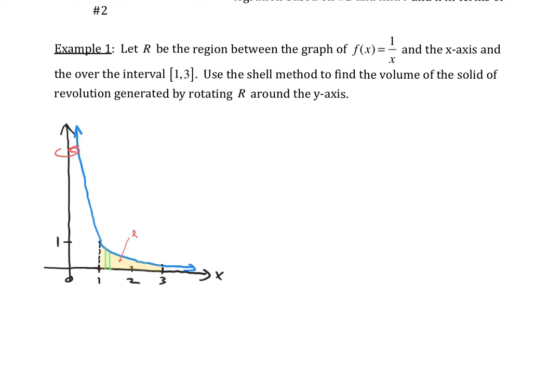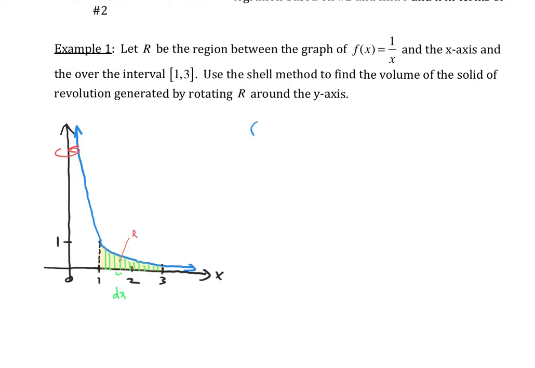So I'm going to chop it up like this. Okay. So I've drawn my picture. I can see that my little bit of thickness right here is a dx type situation. So I think I'm ready to set up my integral.